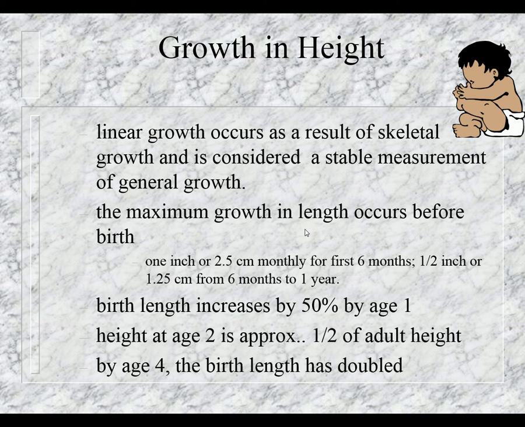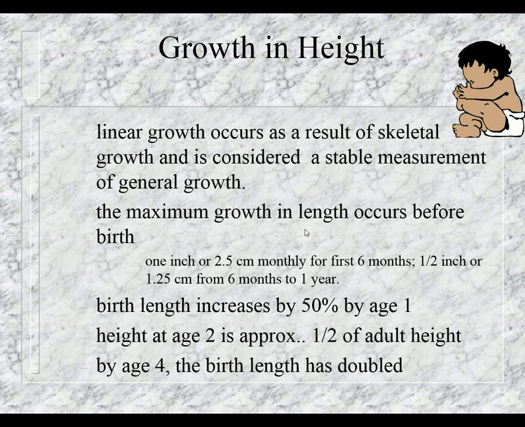Growth in height. Linear growth occurs as a result of skeletal growth and is considered the stable measurement of general growth. The maximum growth in legs occurs before birth. Usually it's 1 inch or 2.5 centimeters monthly for the first 6 months, and 1/2 inch or 1.25 centimeters monthly for 6 months to 1 year.